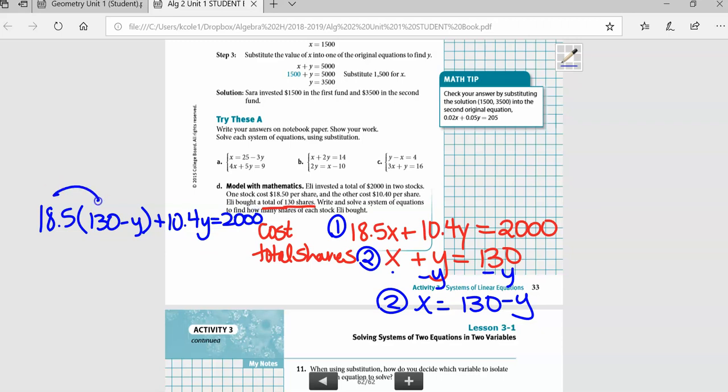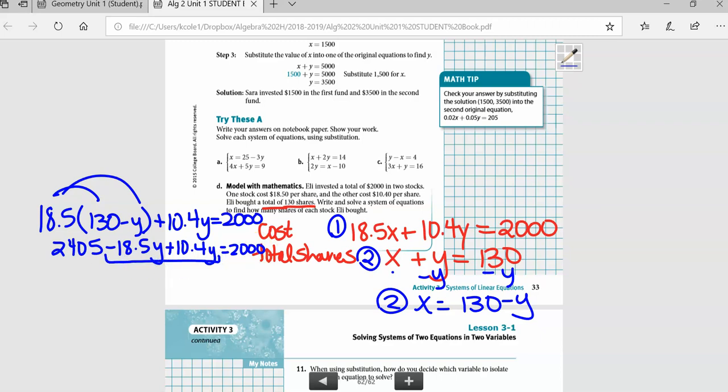I then distribute, which is 18.5 times 130. That gives me 2,405. And then I have minus 18.5y plus 10.4y equals 2,000. So I'm going to combine my like terms.